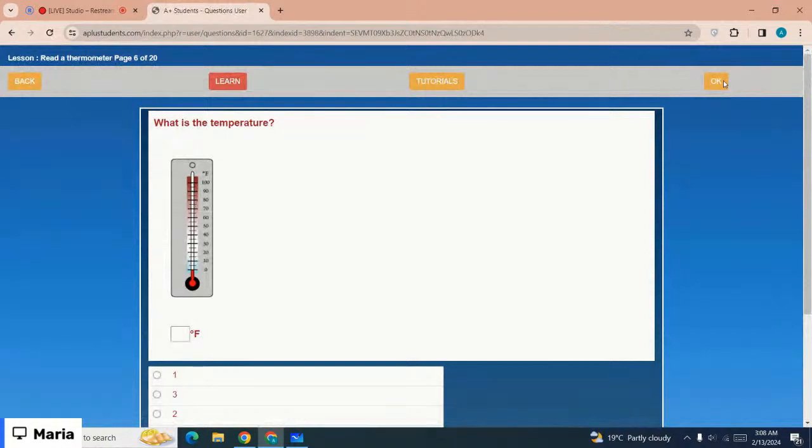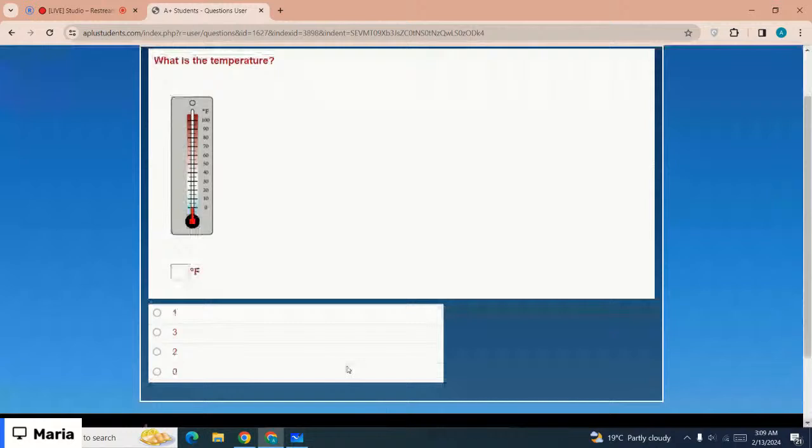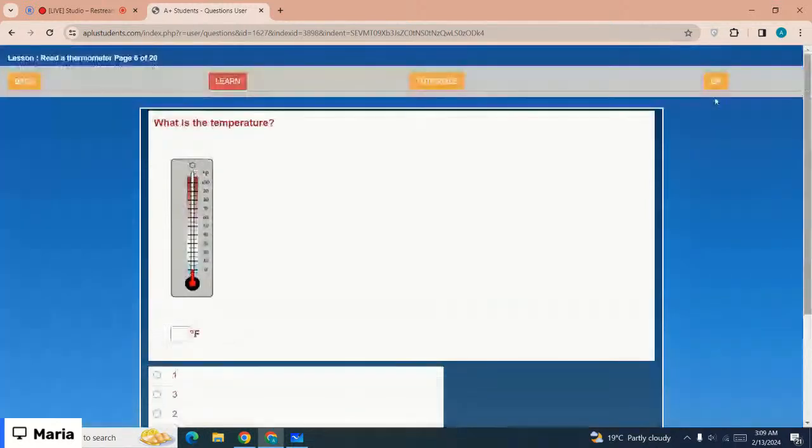The next one is, what is the temperature? Which is the correct option? That is 0 degrees Fahrenheit. The correct option is 0 degrees Fahrenheit. Got it?